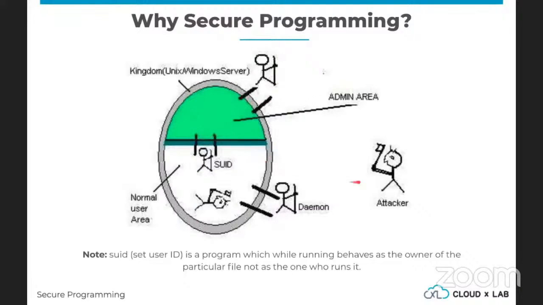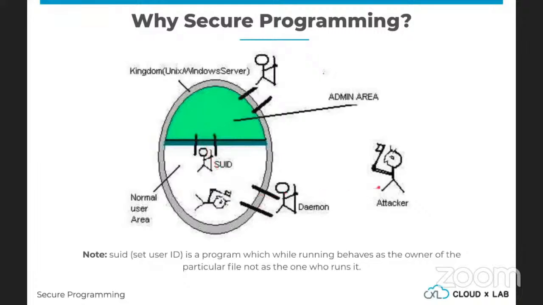And if the attacker attacks a service or a program which is running as a normal user, they will become the normal user. So for the attacker to get into the admin side, they'll have to first attack a normal process running as a normal user, and then they will attack the root area.